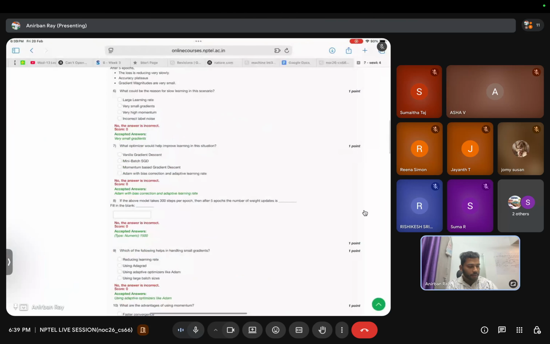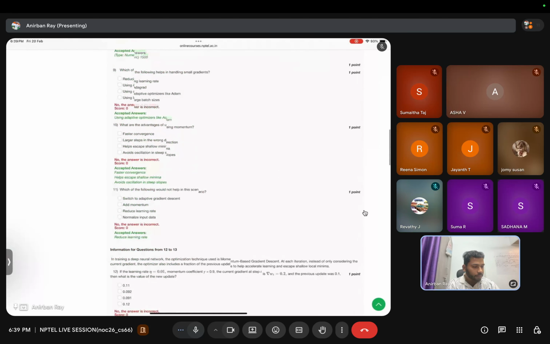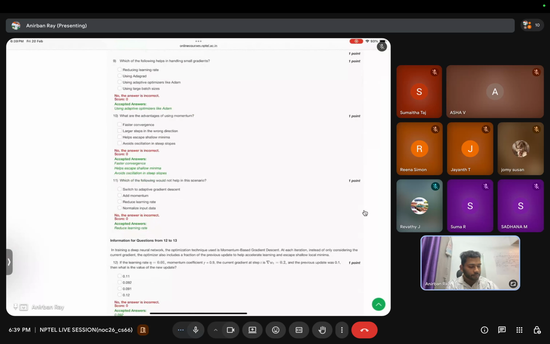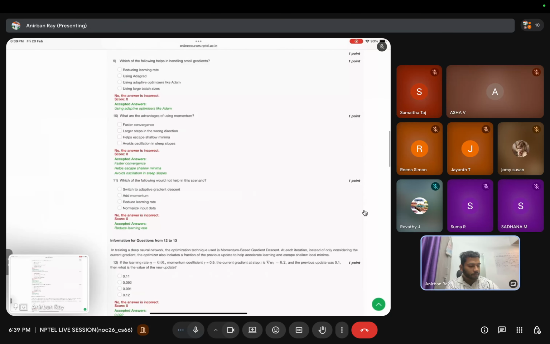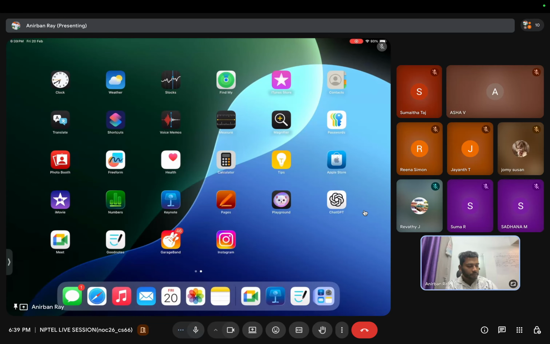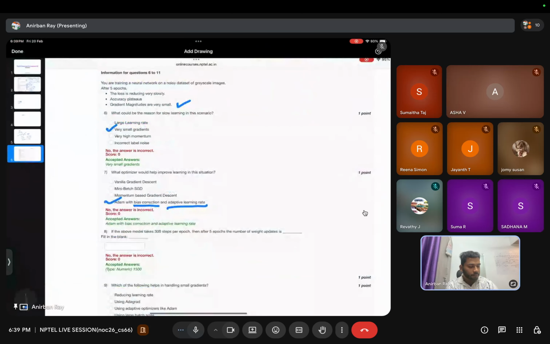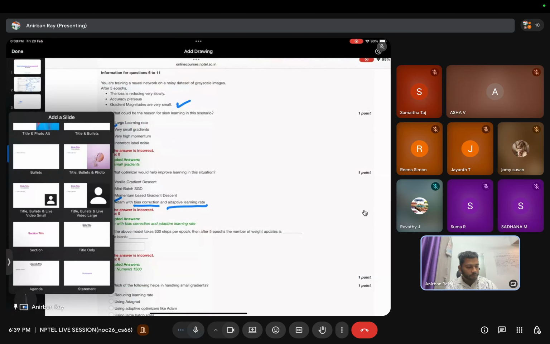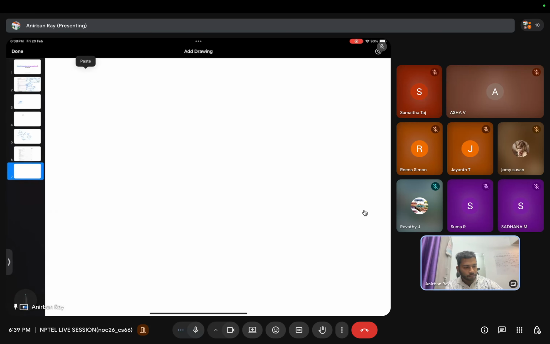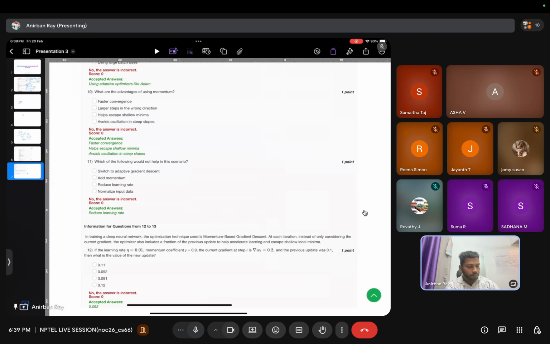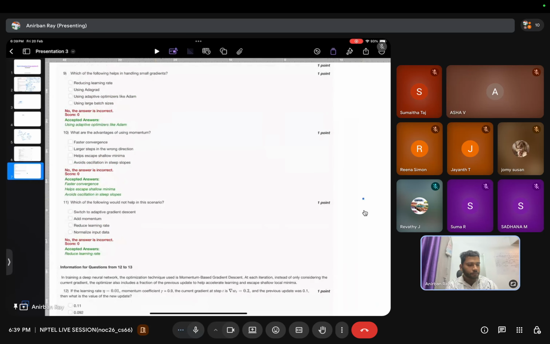Okay, so let's take another screenshot here. So we need to handle small gradients here.